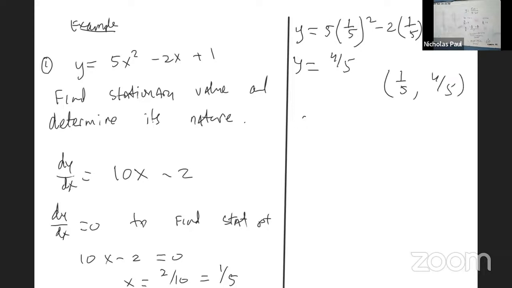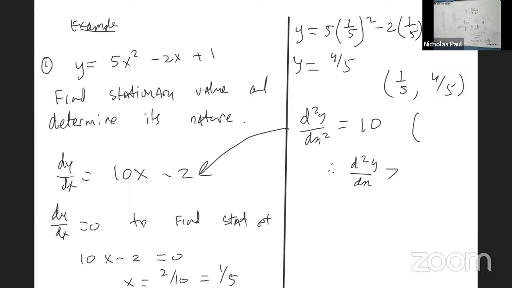To determine the nature, we have to find d2y/dx squared. When you double differentiate this, what do you get? 10. Very good. Is it more than 0 or less than 0? More than 0. d2y/dx squared is more than 0, therefore it is a minimum point. That's the way you do these questions. Copy it down.